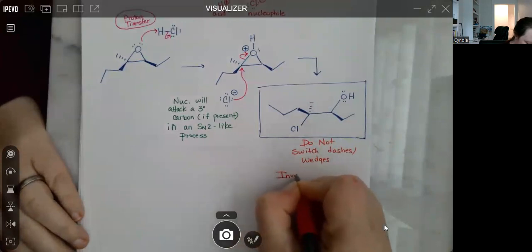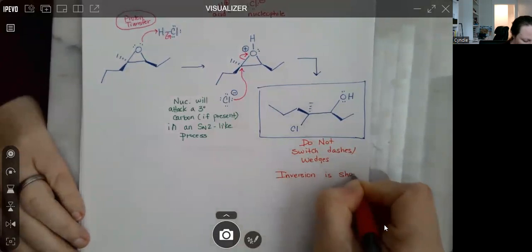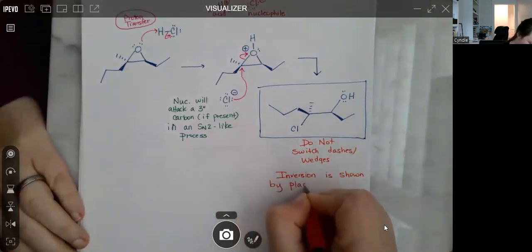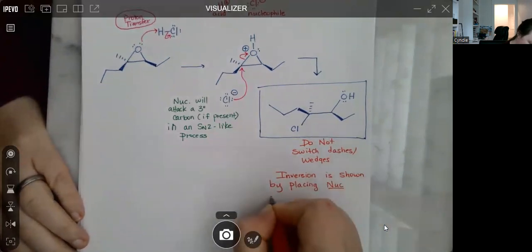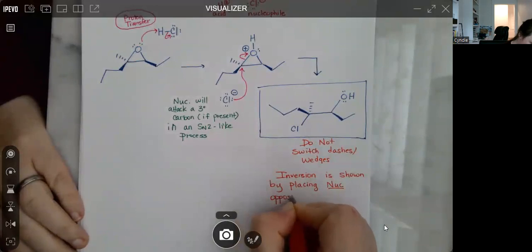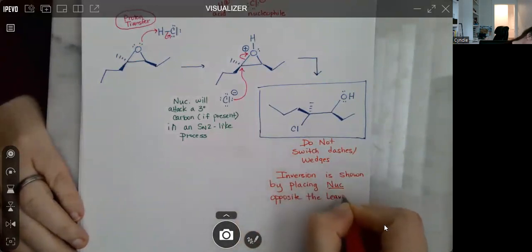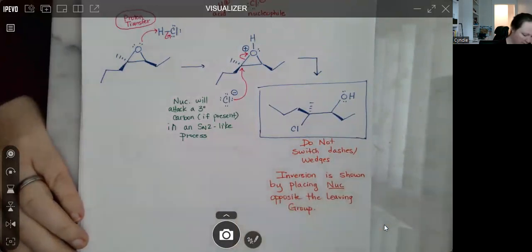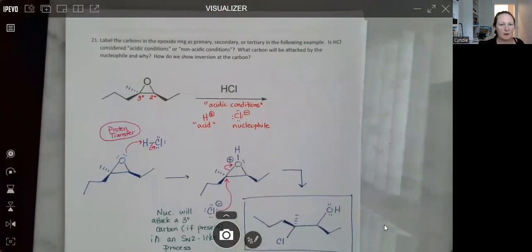Inversion, just like before, is shown by placing the nucleophile opposite the leaving group. Okay.